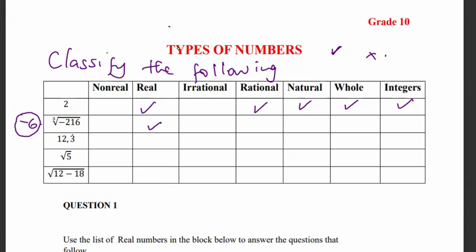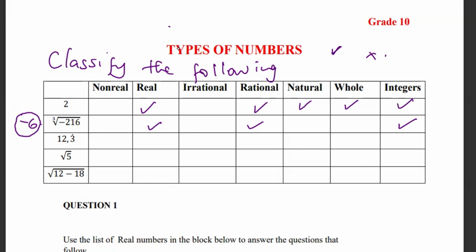It's rational because it's an integer, and it's an integer because it's a negative. For as long as it's an integer, it becomes rational. Is -6 a natural number? No. Is it a whole number? No. So those are the only three boxes that we tick for this expression.